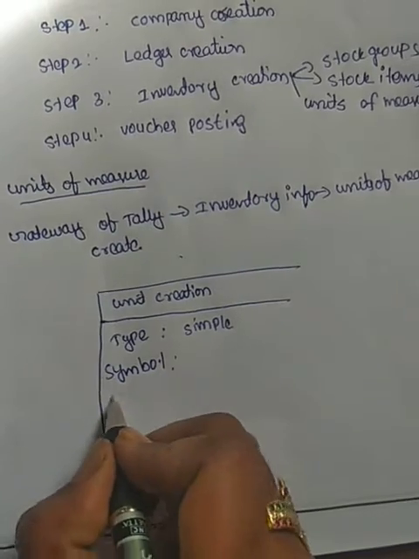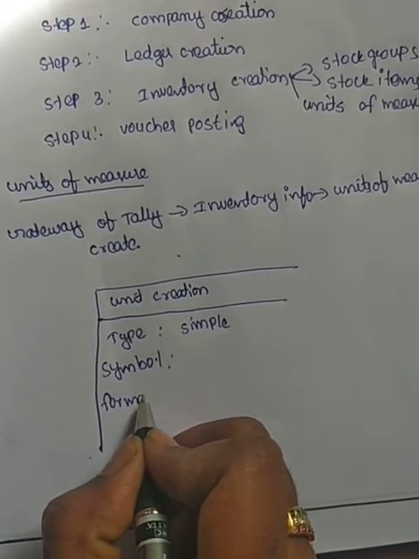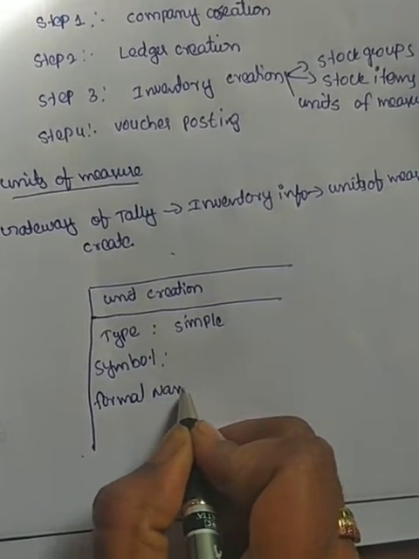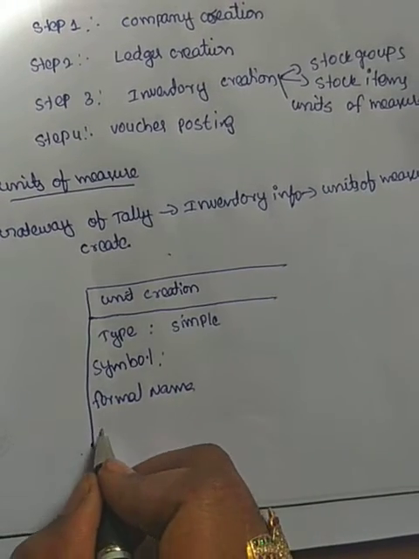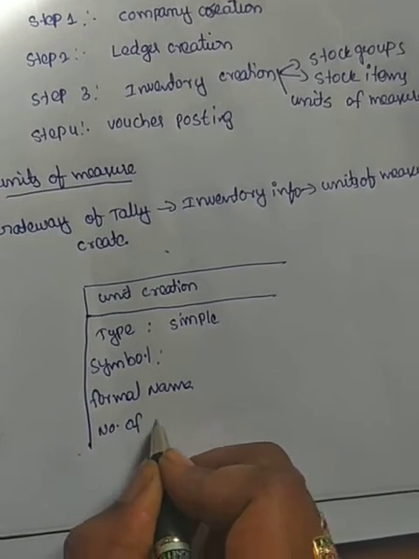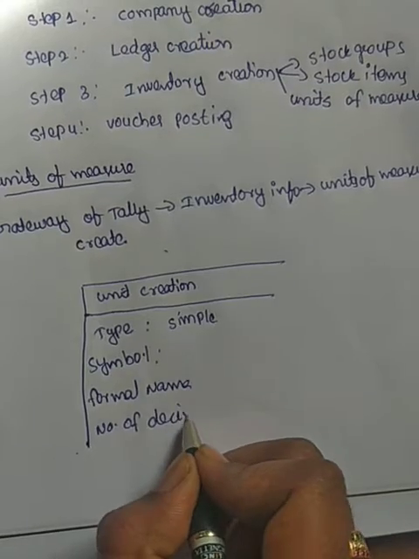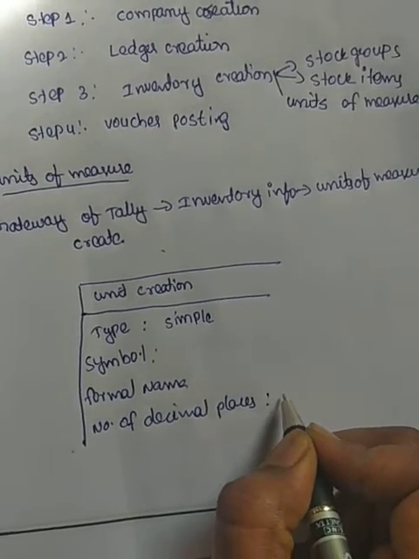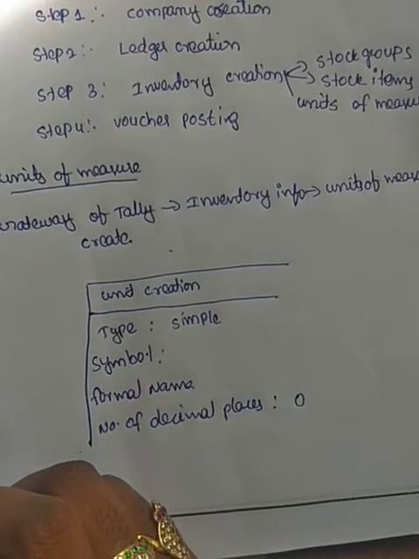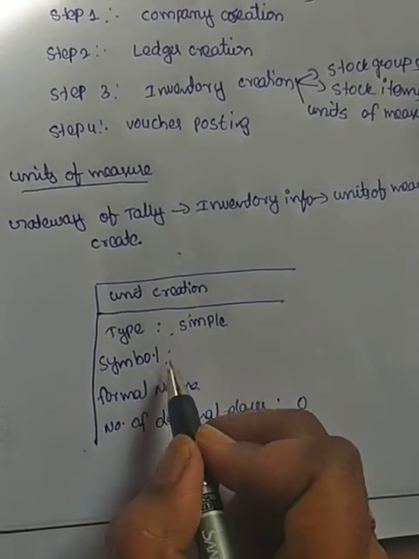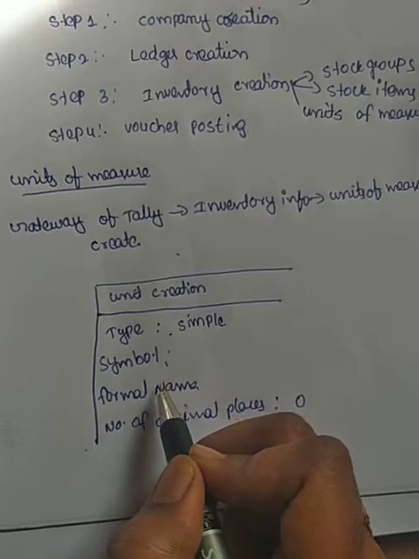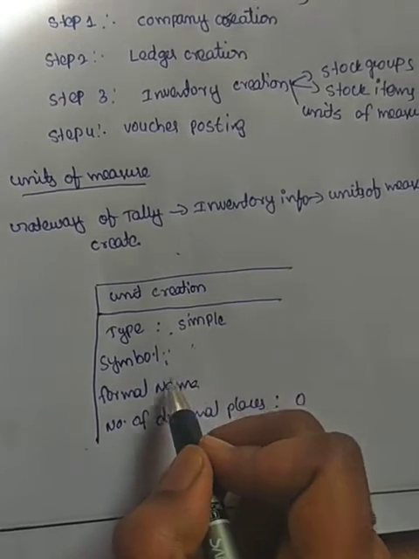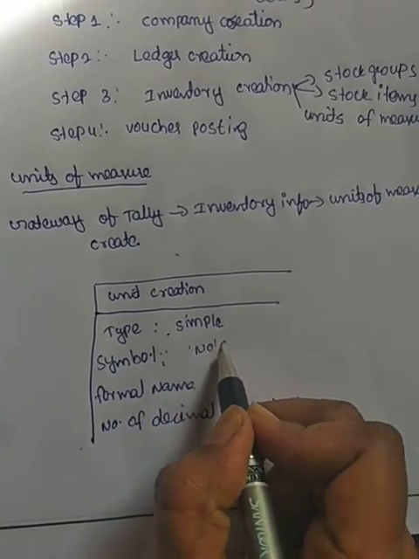Next symbol, formal name and number of decimal places. We have to give 0. Type is simple, symbol is numbers, formal name also numbers.